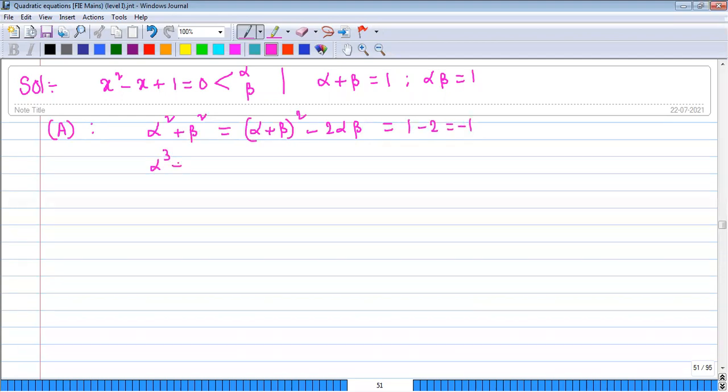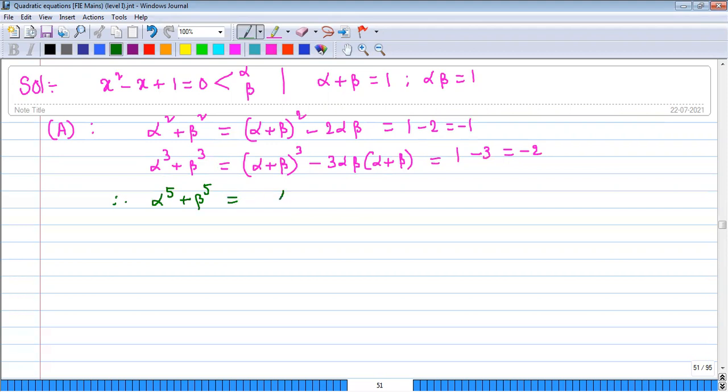Let us find alpha cube plus beta cube: alpha plus beta whole cube minus 3 alpha beta into alpha plus beta. Alpha plus beta is 1, and 1 cube is 1. Then minus 3 into 1, so 1 minus 3 is minus 2. Now we need to find alpha to the power of 5 plus beta to the power of 5. Just as we have discussed, it is alpha square plus beta square into alpha cube plus beta cube, minus alpha beta whole square into alpha plus beta.